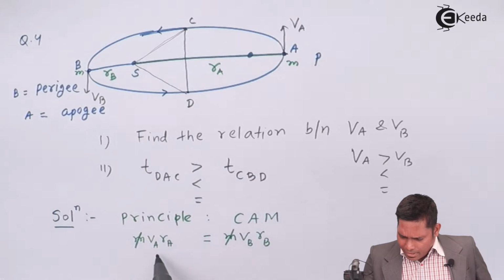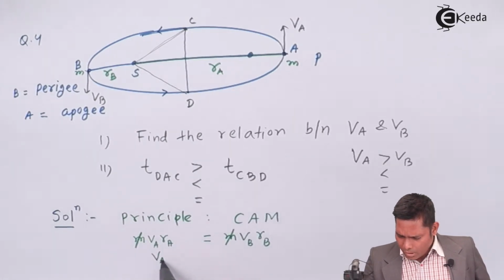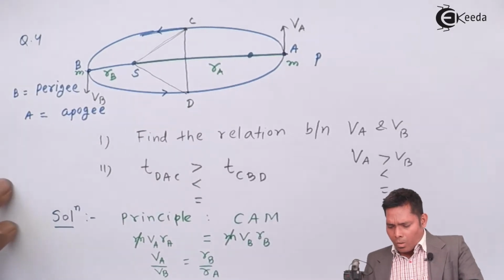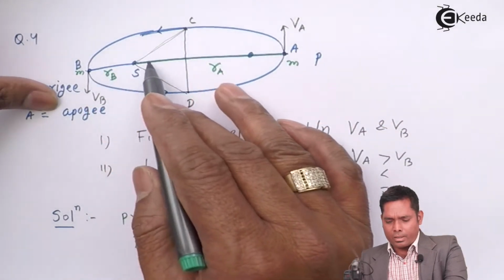If I take the ratio, then VA over VB is equal to RB over RA. But now RB over RA is less than 1 because RB is smaller and RA is greater.